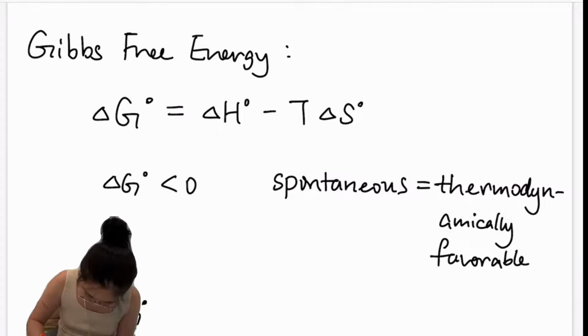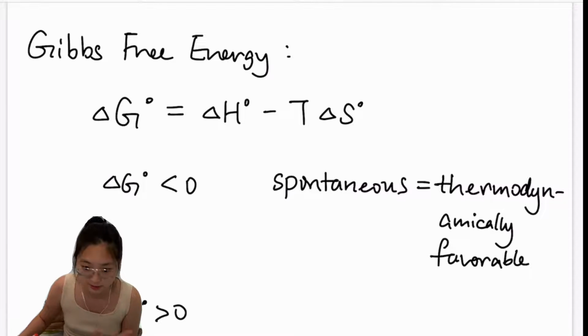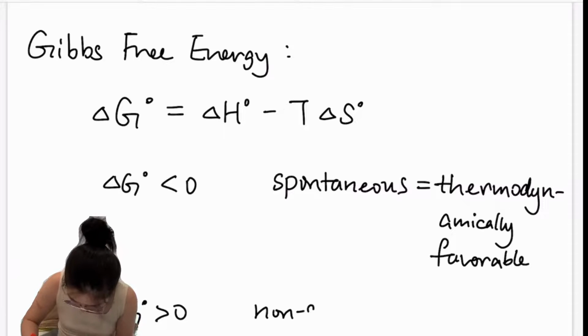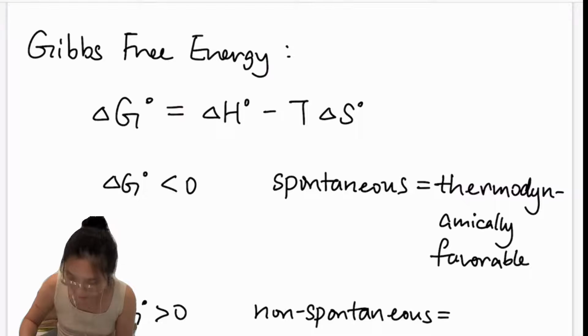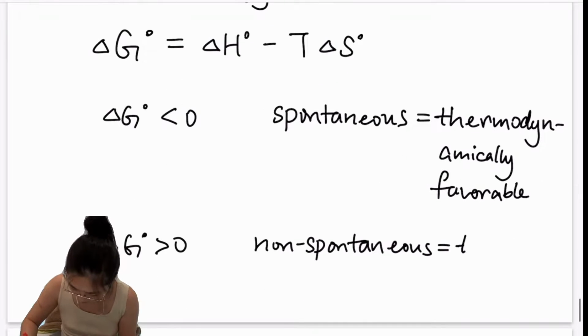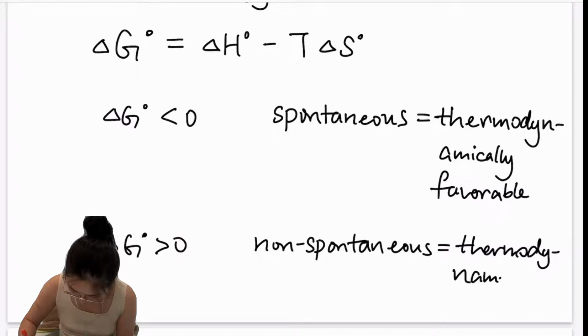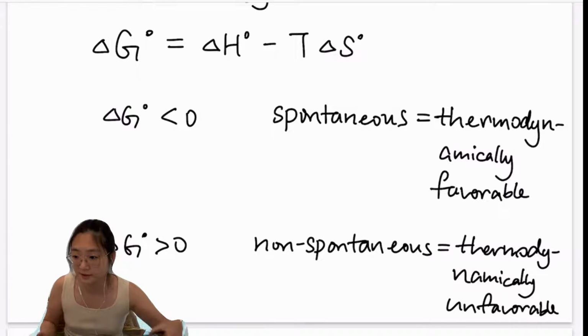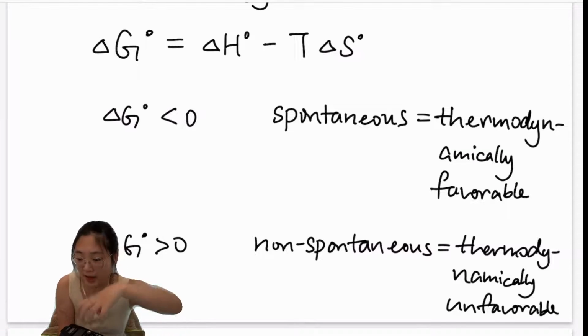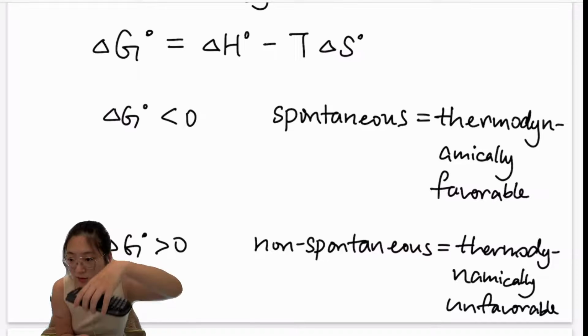When delta G, the change in the Gibbs free energy, is greater than 0, then it means it's a non-spontaneous process or thermodynamically unfavorable. For example, if I want to lift this calculator from the desk, I have to grab it and put in extra energy to actually lift it.